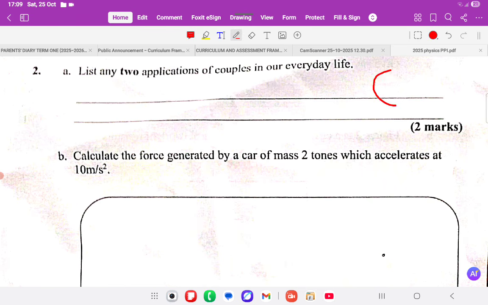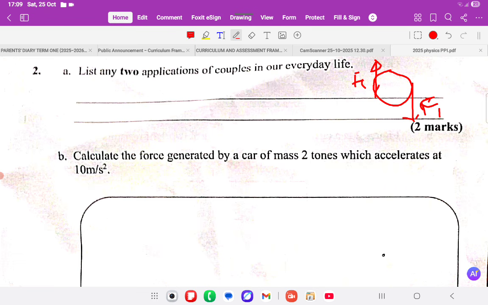Let's suppose we have a body like this one. If you apply a force here, F1, and another force this way, F2. So these 2 forces, F1 and F2, form a couple.